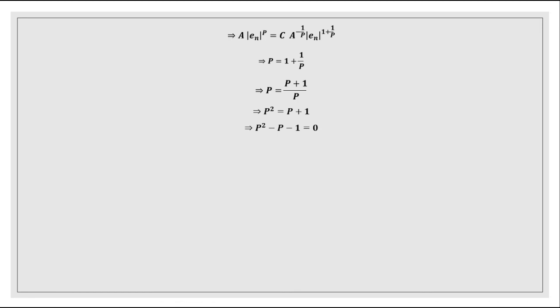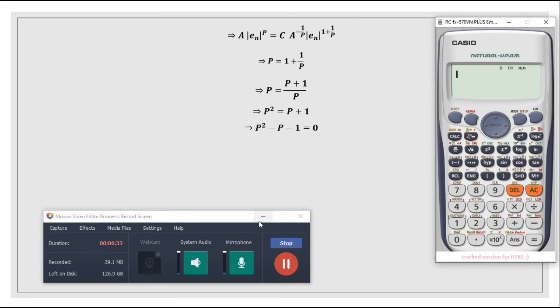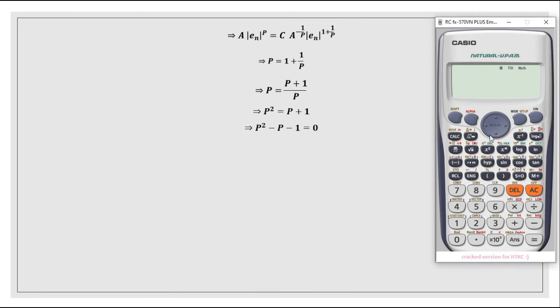It is a quadratic equation, so you can solve it with the help of the quadratic formula, but I will show you a very simple way to solve a quadratic equation with the help of a calculator. Any quadratic equation can be solved with the help of a calculator.